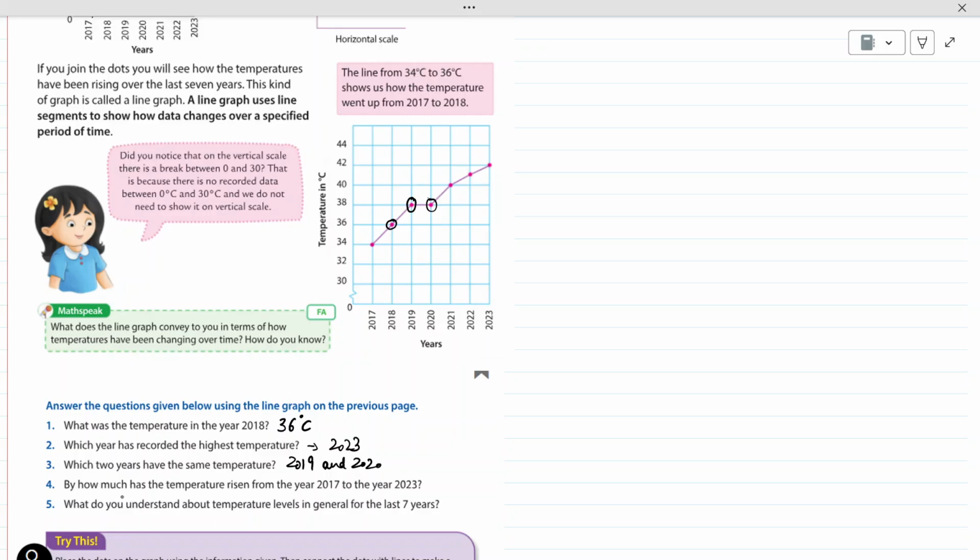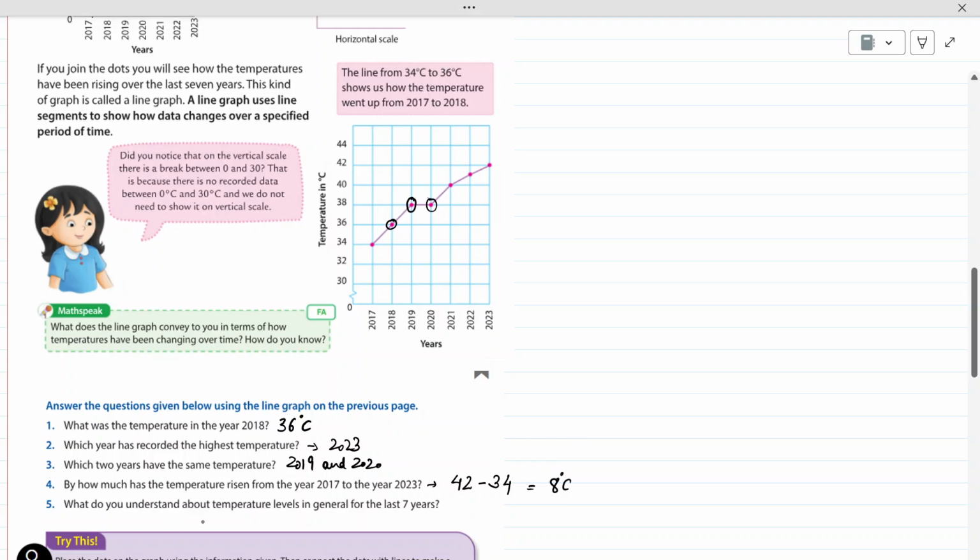By how much has the temperature risen from the year 2017 to the year 2023? So we have to see the difference in temperature. The temperature in 2023 is 42 degrees Celsius, and in 2017 it was 34. If we subtract this, we get 8 degrees Celsius as the difference in the temperature over a period of 7 years.